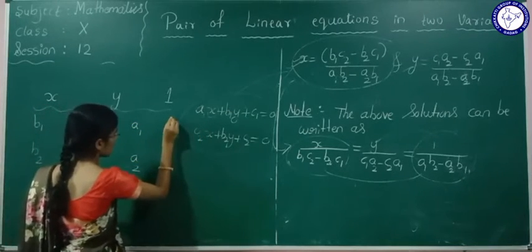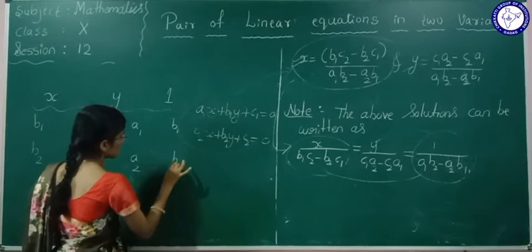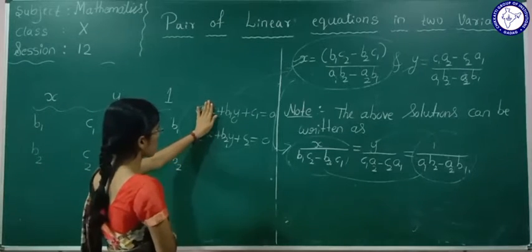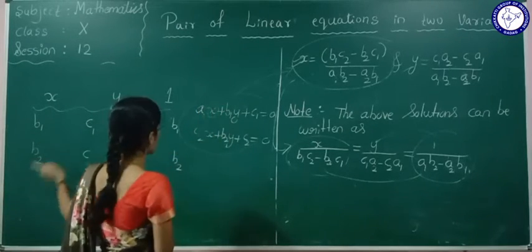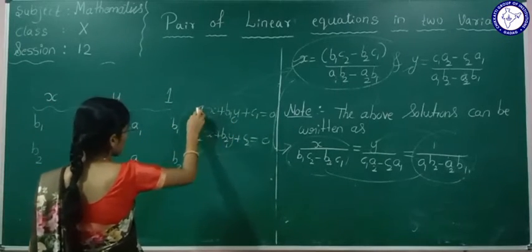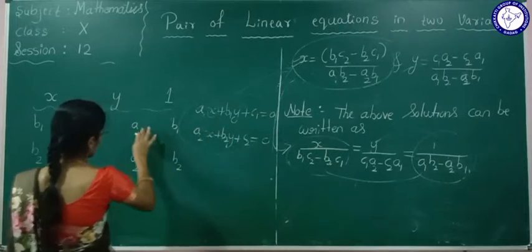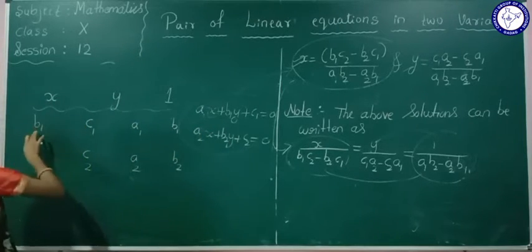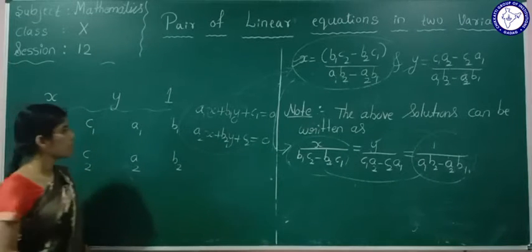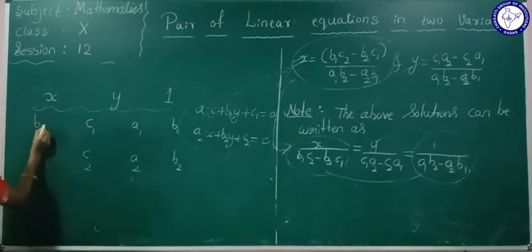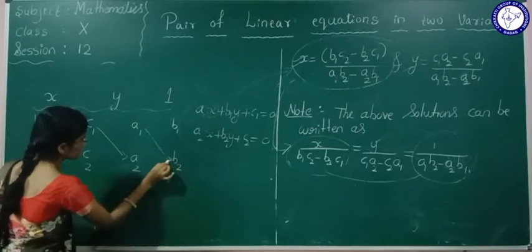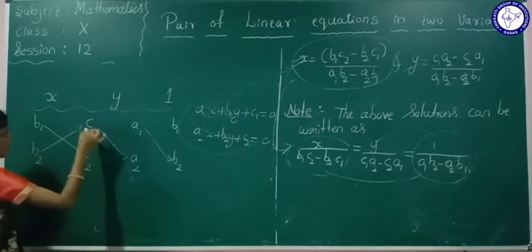Afterwards b1, b2. Okay, what I have done? First write the coefficients of y, that is b1, b2. Afterwards write c1, c2. Afterwards come back to a1, a2. Afterwards again where you have started, again there only it should be stopped. Okay. Now see here I am showing downward arrows and here upward arrows.